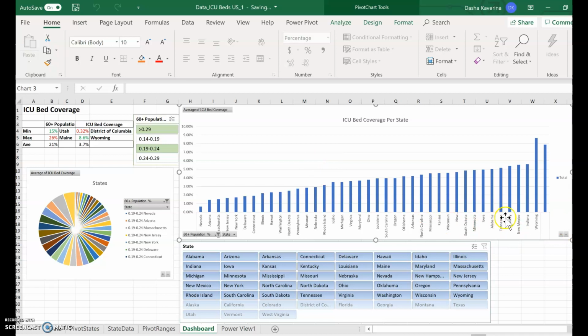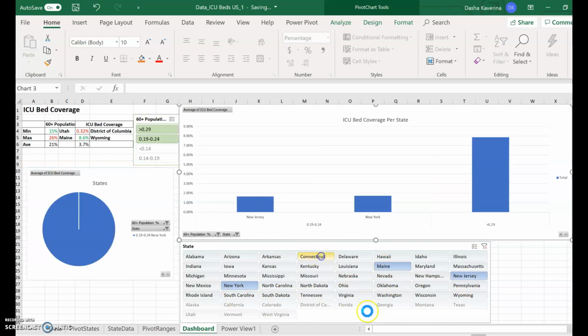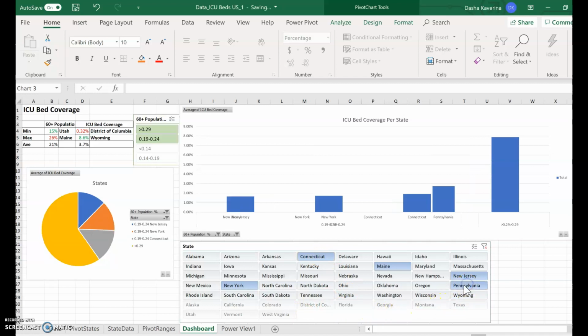At the same time, the higher the axis means the more people ages 60 and over the state has. So let's just pick where we are. We are in the Northeast, so let's choose New York, New Jersey, Maine, Connecticut. We can look at Pennsylvania.